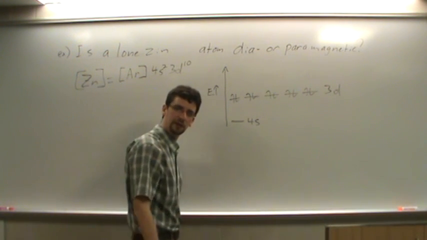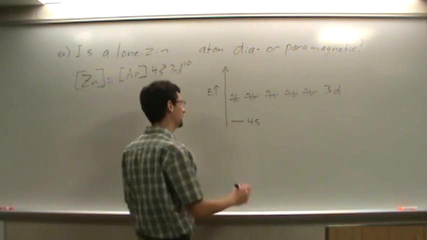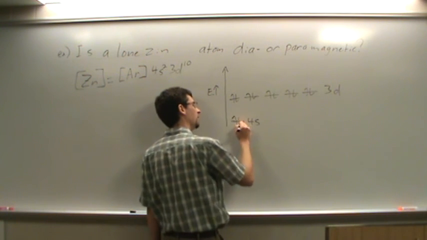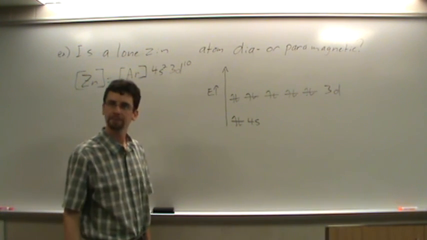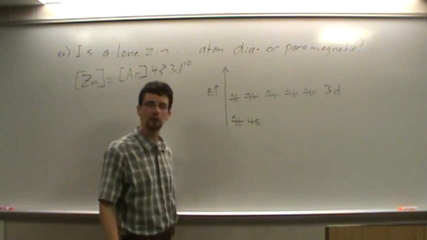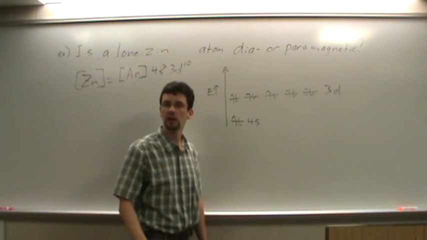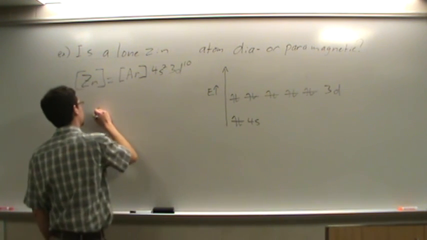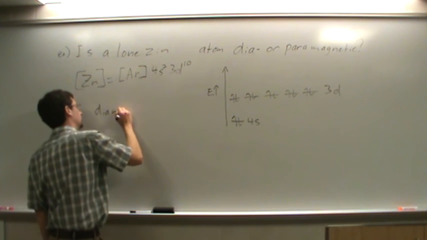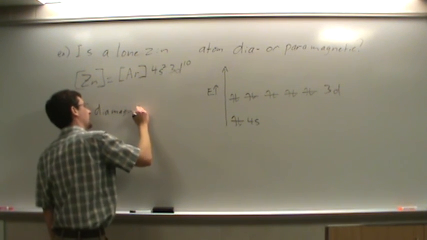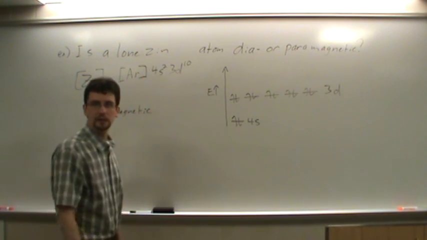I did something really bad. I didn't follow Hund's rule and the Pauli exclusion principle. I should have filled these ones first. All right, if we look, all of our electrons are paired up. So we have a diamagnetic system in this case.